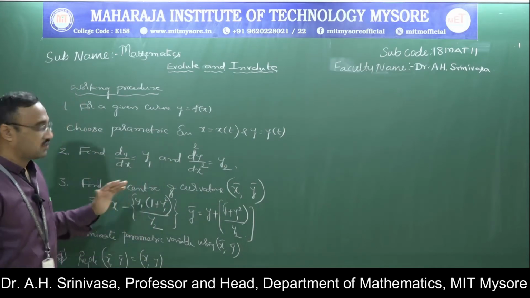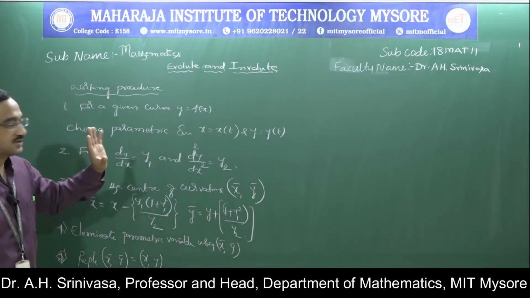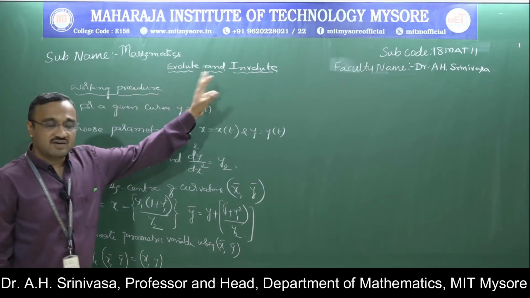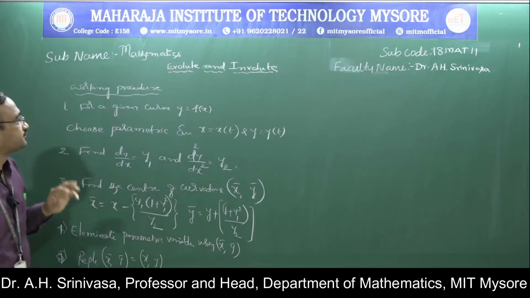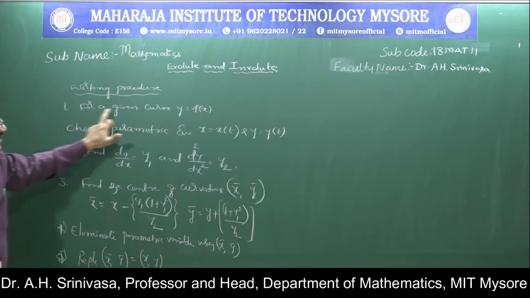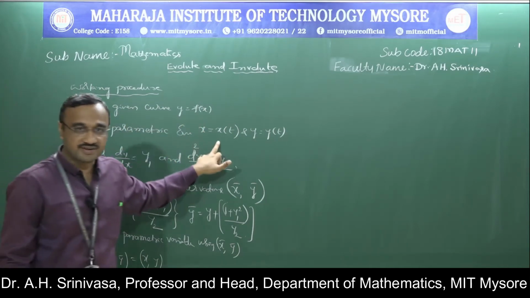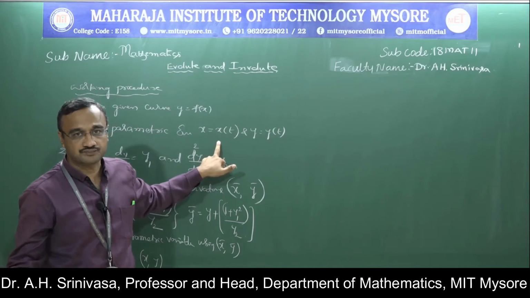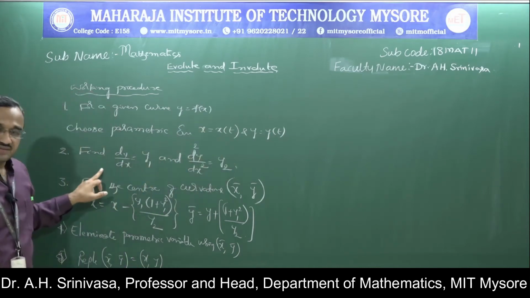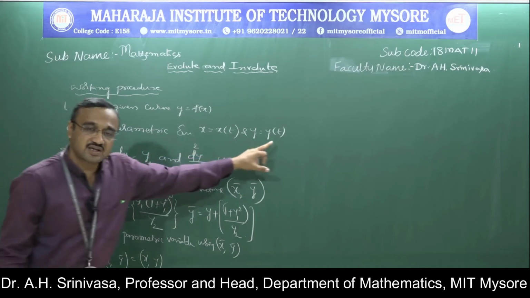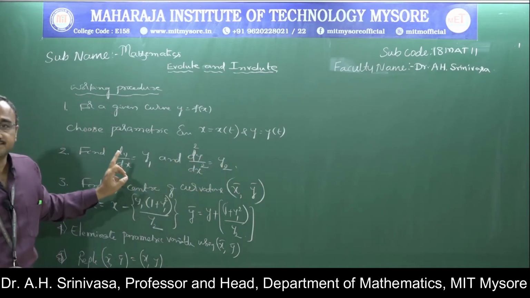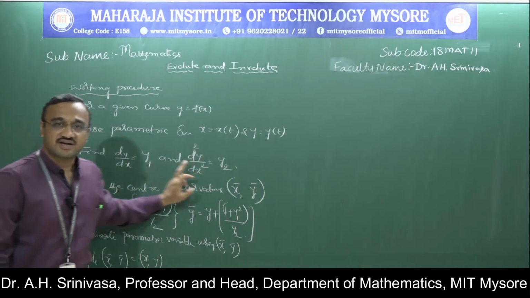I will explain the working procedure again to find the evolute or involute of a given curve. First, for a given curve, you should change it into a parametric equation, depending upon the curve. Second, using this parametric equation, you have to find the first order and second order derivatives.